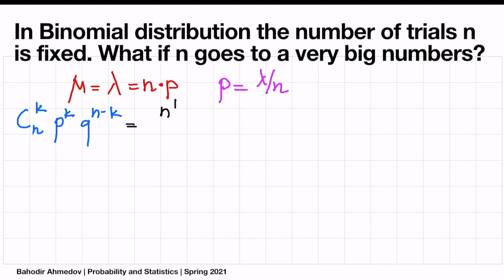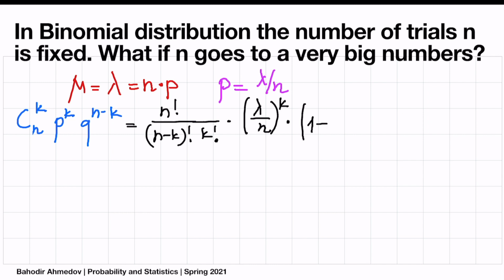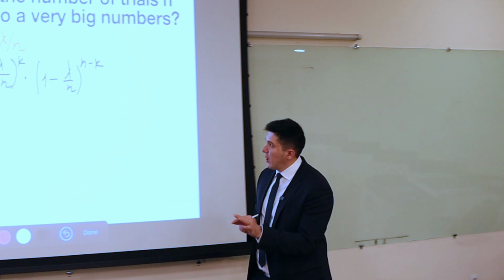It's going to be n factorial divided by (n minus k) factorial multiplied by k factorial, times, instead of p, I'm going to write lambda divided by n to the power of k, times q. How can we get q from p? Alisha? 1 minus p, right? 1 minus lambda divided by n to the power of n minus k. So I just substituted everything which we know so far.